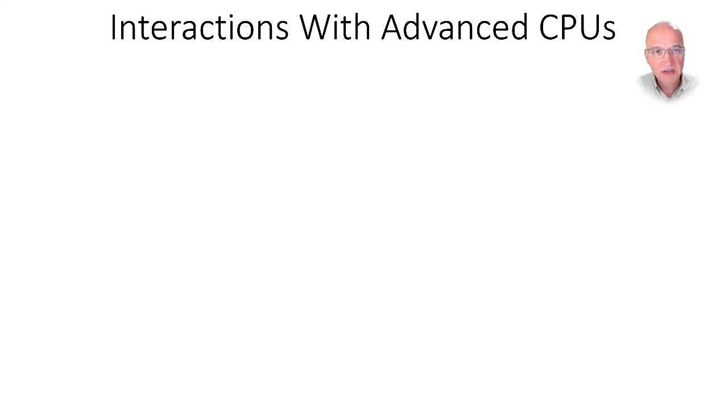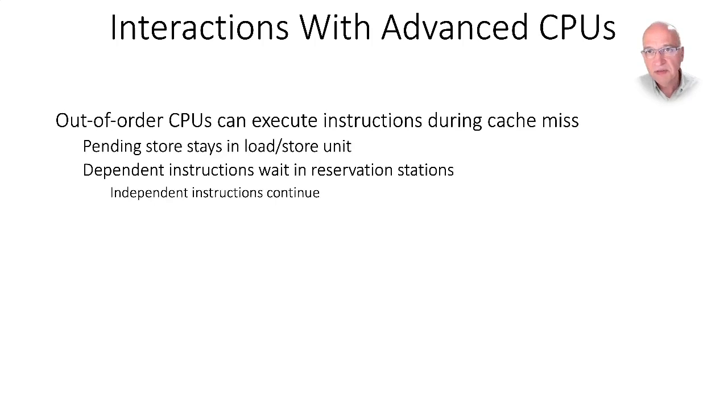Some interactions with advanced CPUs. Advanced CPUs, as we discussed in previous lectures, execute instructions out of order. And because of out-of-order execution, they can execute instructions while we are processing cache misses. Pretty much all caches designed today can have a hit under miss: if I had a previous miss and I'm waiting for the result to come back from the memory, the cache does not stop operating.